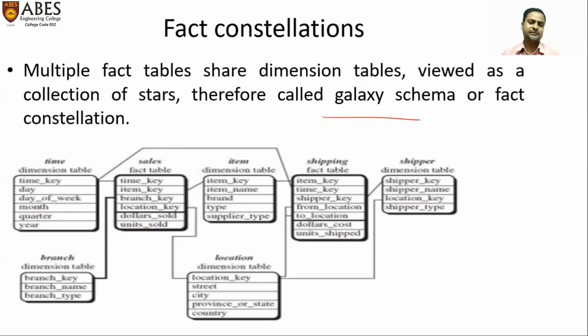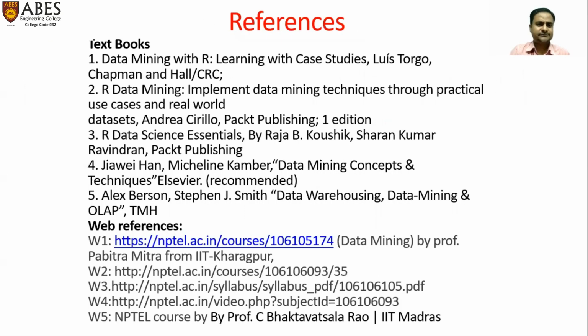So multiple snowflake schemas are connected to each other and it gives a shape like a galaxy, and so complex relationships are there and the joins are not sufficient to get the information in an easier way.